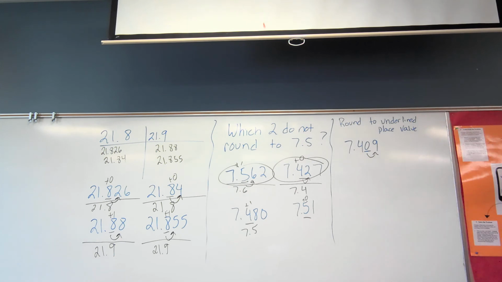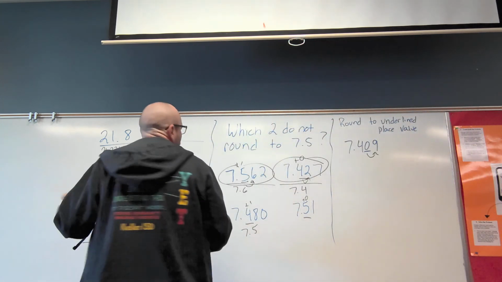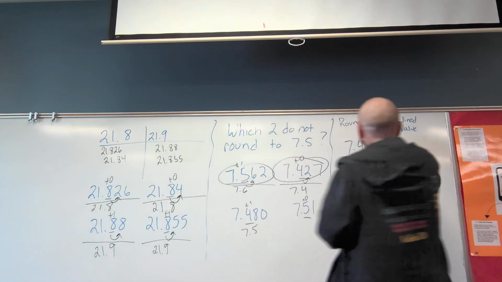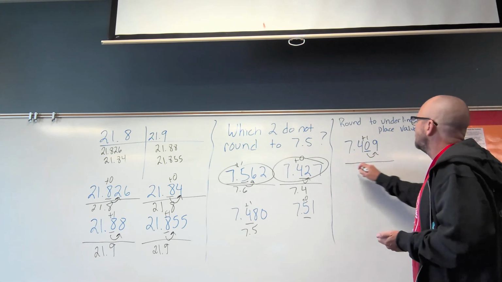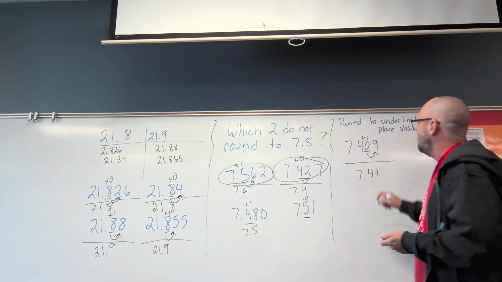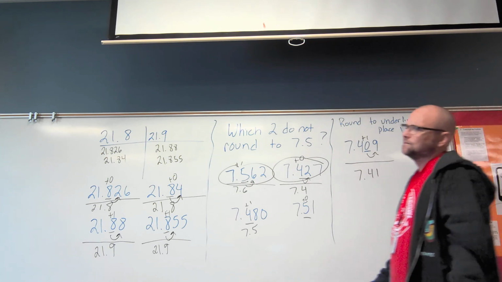We're either going to add 1 to the hundredths place, or we're going to add 0 to the hundredths place. 1. We're going to add 1. Why? Because the number behind it is 5 or more. So this would round to 7 and 41 hundredths. Rounding's easy.